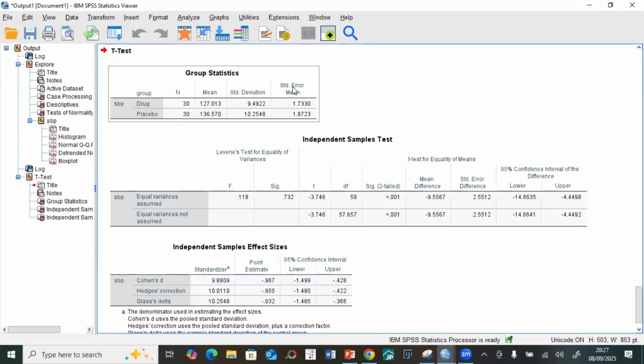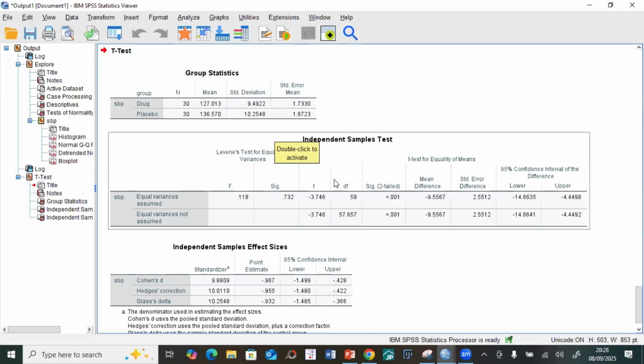These are statistics we compute from the sample. What else do we get when computing these statistics using a statistical test? You get such a table.